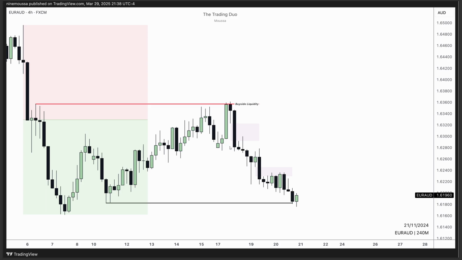That's where we took partials or took TP on our trade. We formed a 4-hour fair value gap, and price started kicking back with very impulsive moves on the 4-hour, using imbalances to go down until it went to this low, which is the low of the weekly inside candle.